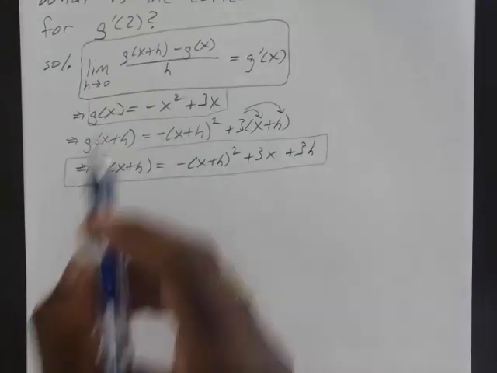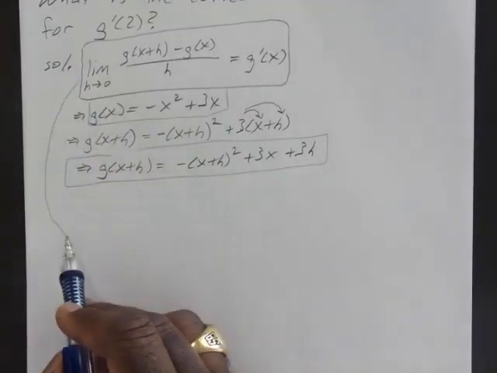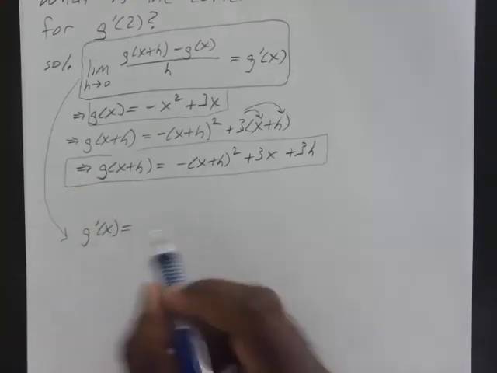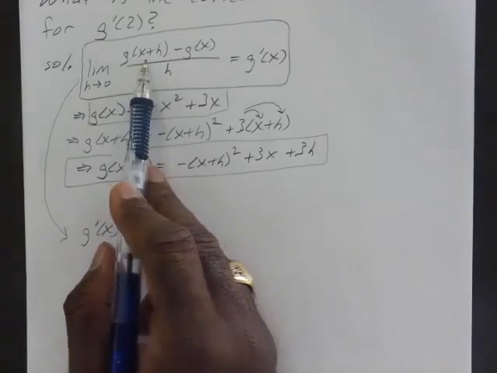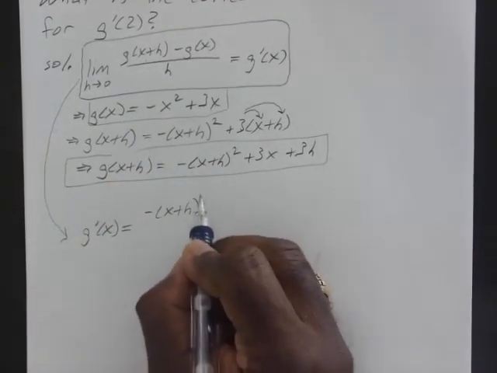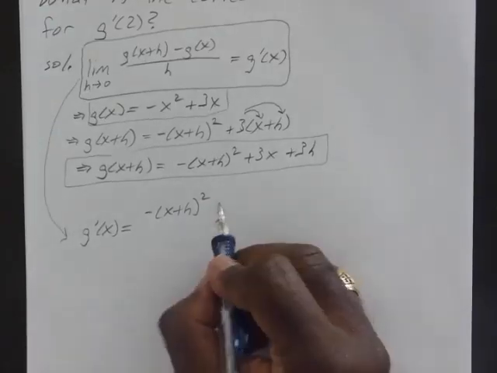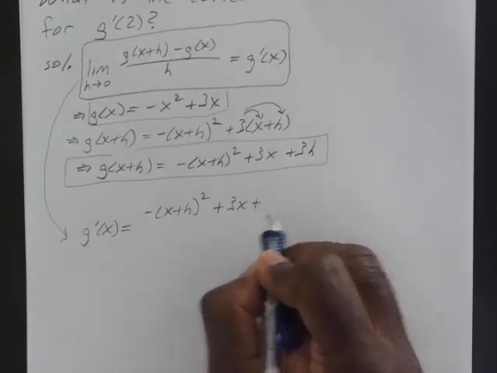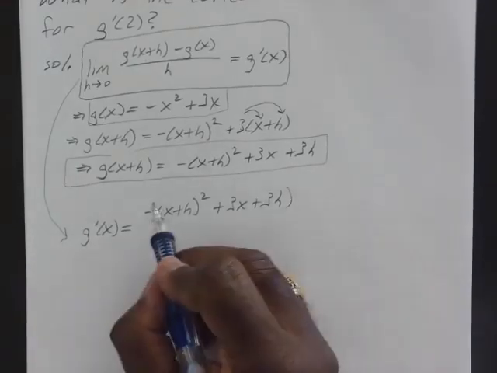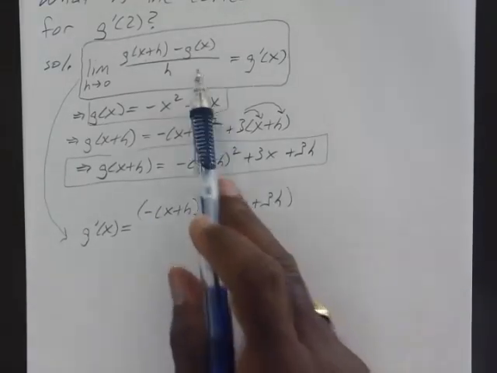So now we're just going to get that and plug it right on in. So our g prime of x is just equal to our g of x plus h, which is negative x plus h squared plus 3x plus 3h, minus your g of x.